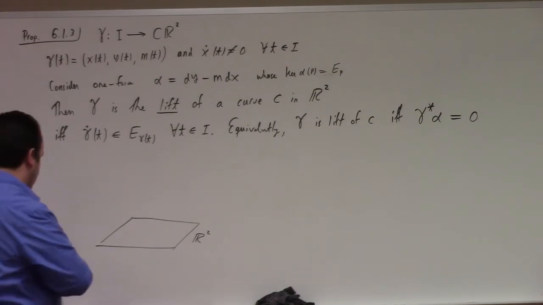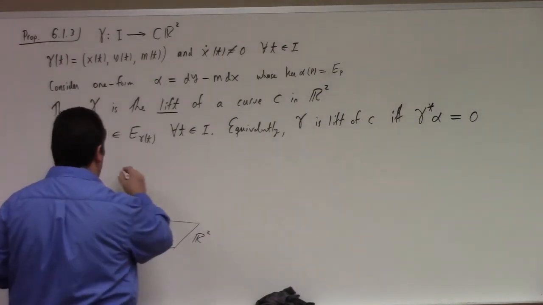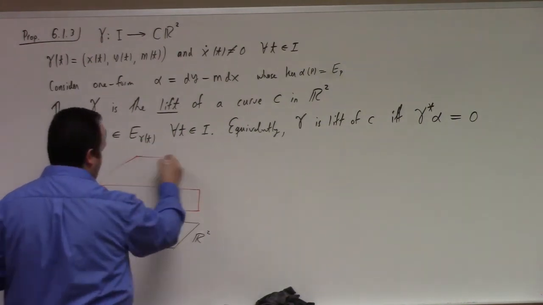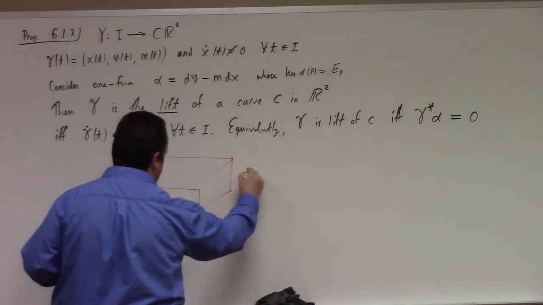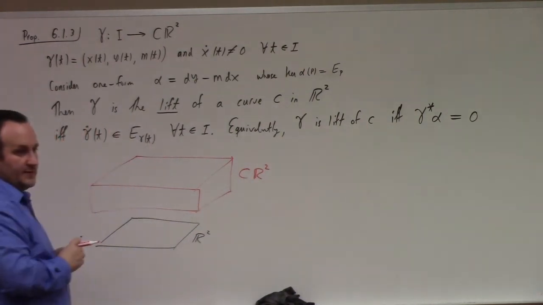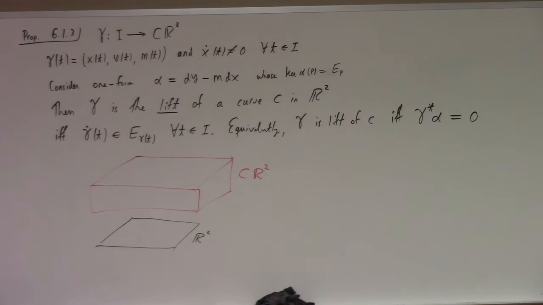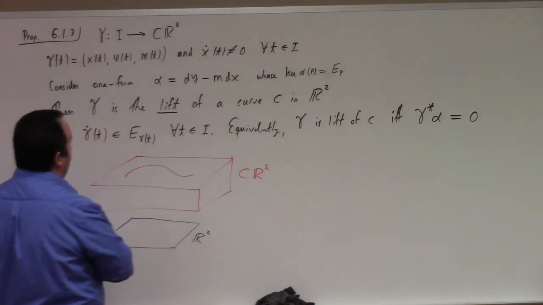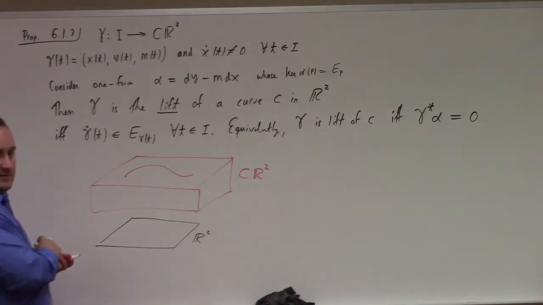And then you can kind of envision up here somehow this contact space. It's three-dimensional, right? And you can picture the gamma. Here's like a picture of gamma of t, all right?